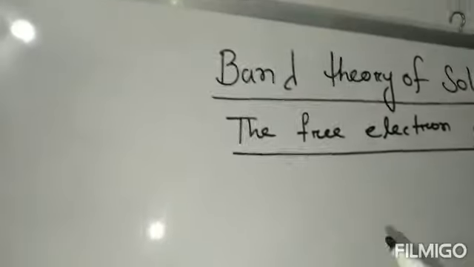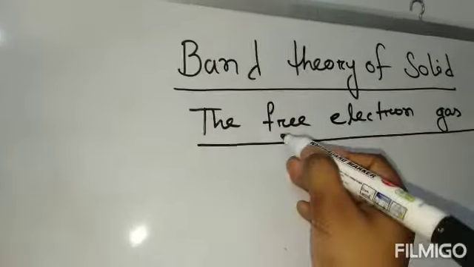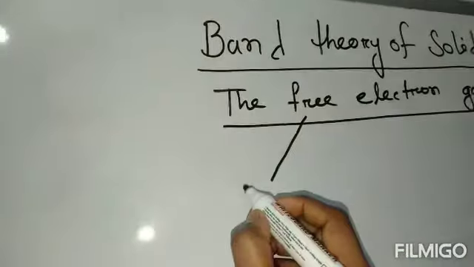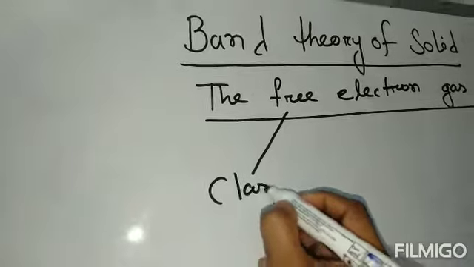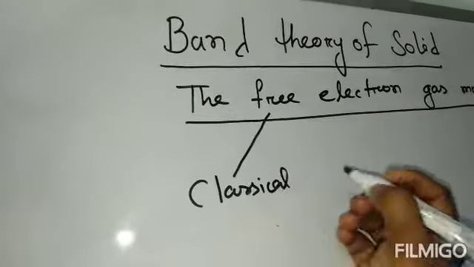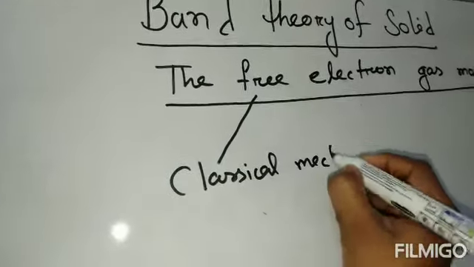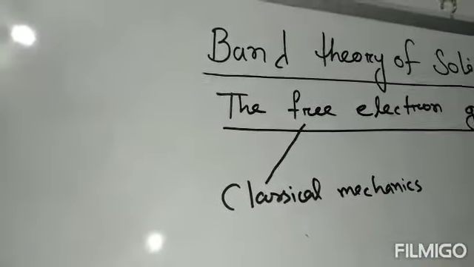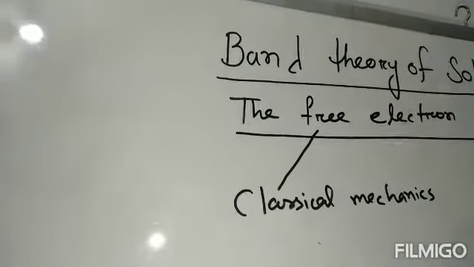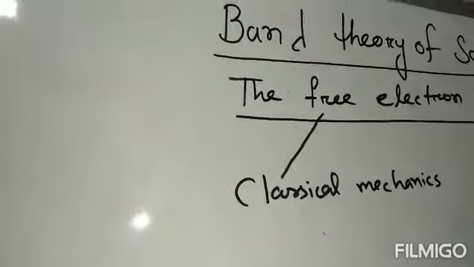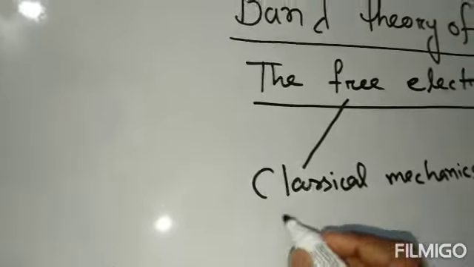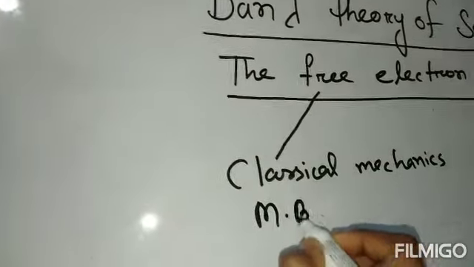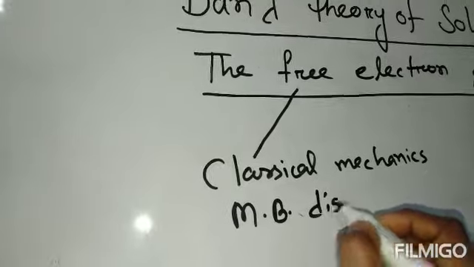Here, initially we will consider classical mechanics, which is explained by the Maxwell-Boltzmann distribution.